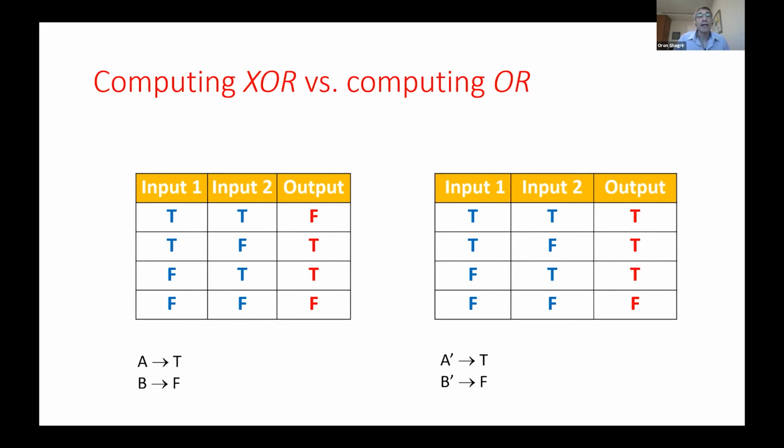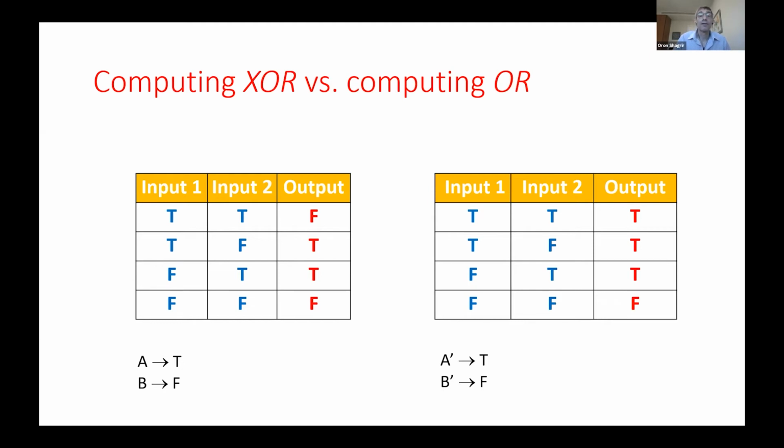So in this case, we can describe the system as computing XOR with the left side table, but with the right-hand side table we can see the system as computing OR. So this seems to be a kind of interpretative indeterminacy, because we are talking about computing different logical functions under different interpretations.